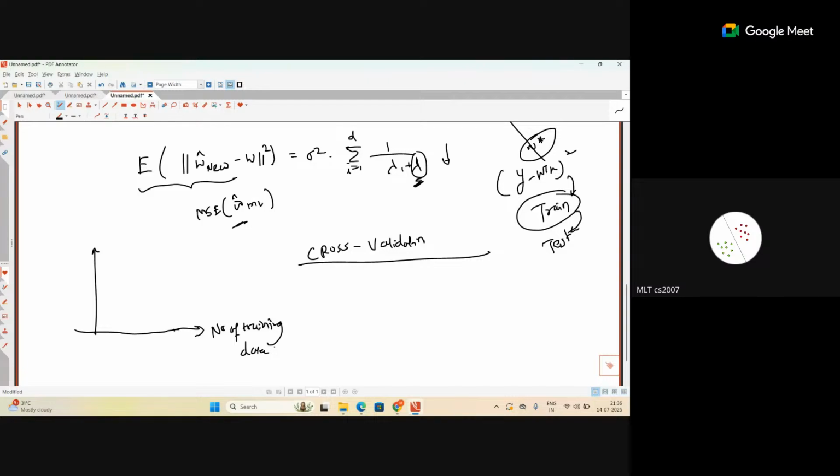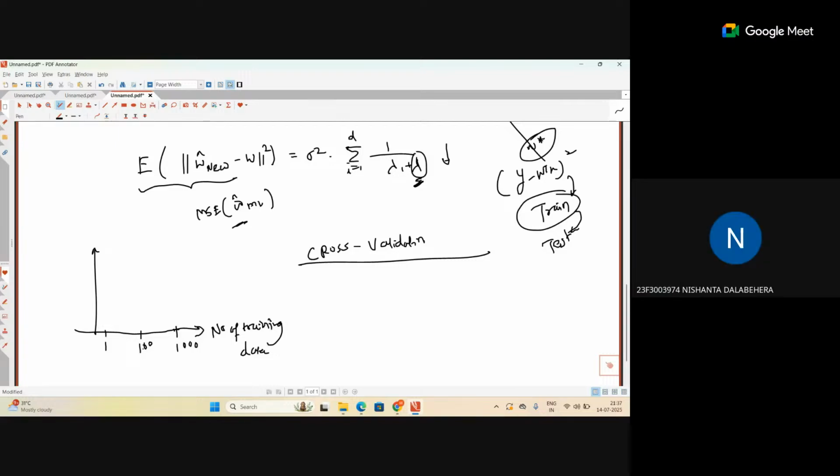Model complexity means if you use a linear model or a polynomial model, that way also you can think of bias and variance. But here, if you increase the number of training data, what will happen? Will your training error reduce or increase? Let us say you have only one training data, then 100, and then 1000. For which amount of data do you think the error will be lesser?